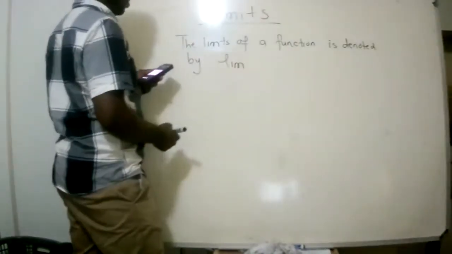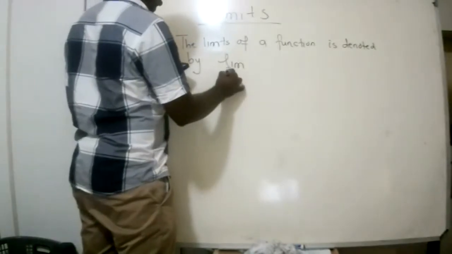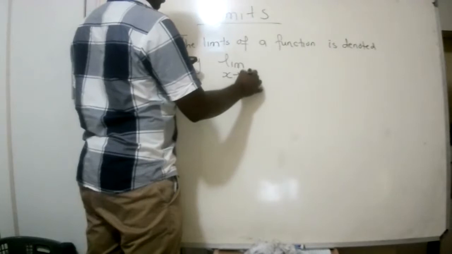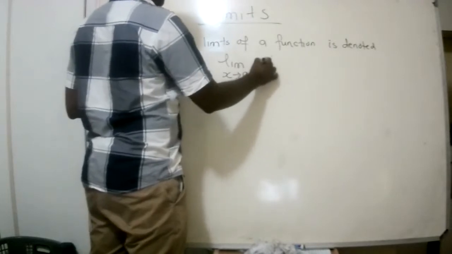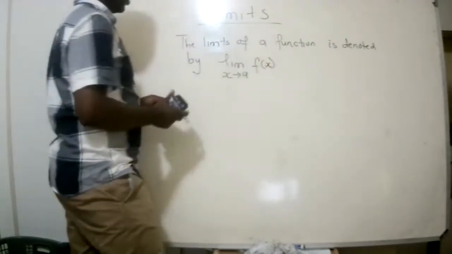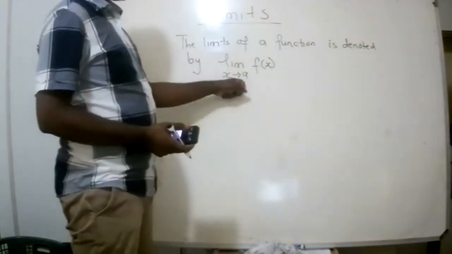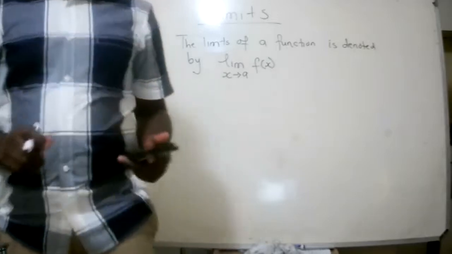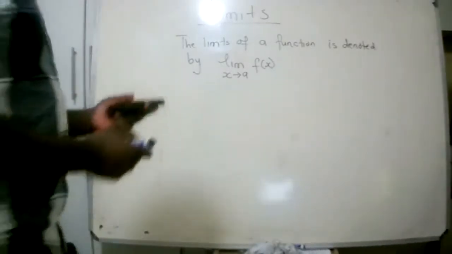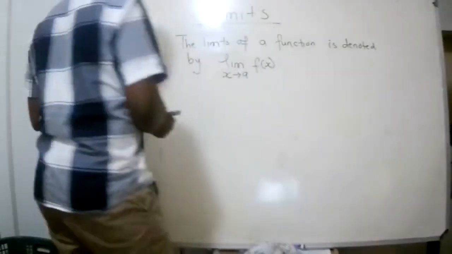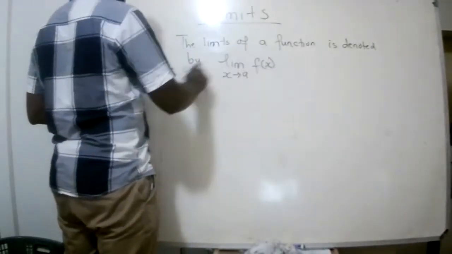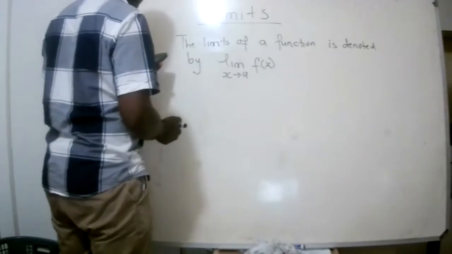Lim stands for limit, as x tends to a, in this case, of f of a. So it is the limit when x tends to a of f of a. That's how we write limits. So the limit of a function, in this case function f, is denoted by the limit when x tends to a.